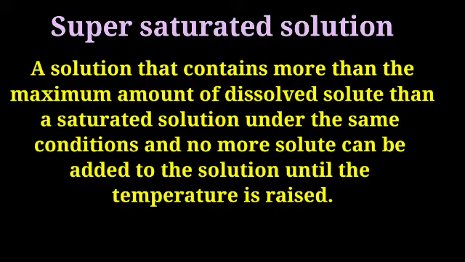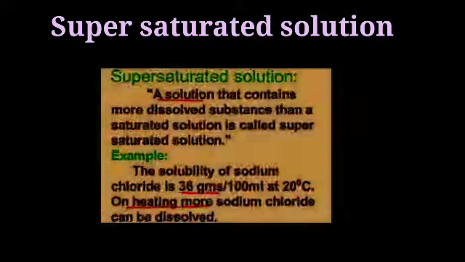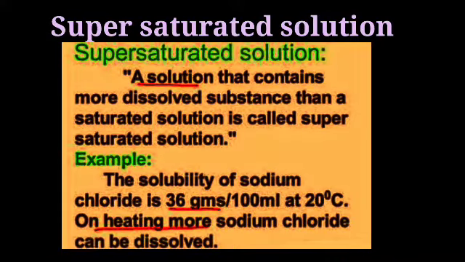Here I am going to give you an example of why we say this kind of solution is supersaturated solution. A solution that contains more dissolved substance than a standard solution is called supersaturated solution. You can write the example, and examples are given here. Solubility of sodium chloride is 36 gram in 100 ml.